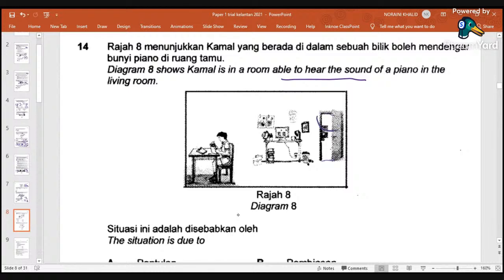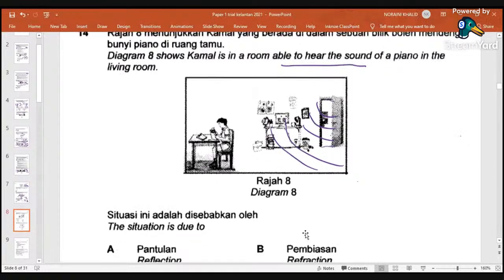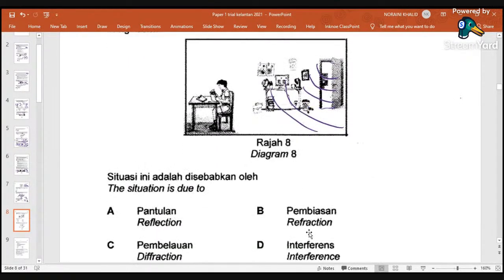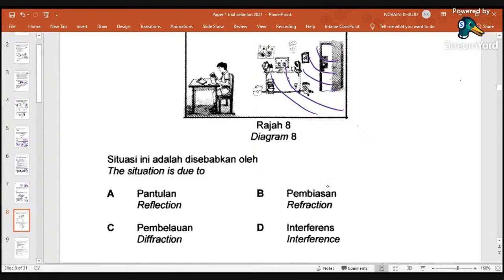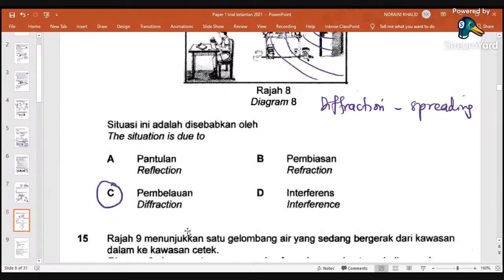So the sound wave propagates through the door by the phenomenon of diffraction, diffraction of sound wave. I hope you understand the word diffraction. It's the spreading of wave when passed through a gap or around an obstacle. So we call it diffract. Penyebaran gelombang selepas melalui satu celah ataupun bukaan. Okay, so ini panggil diffraction.